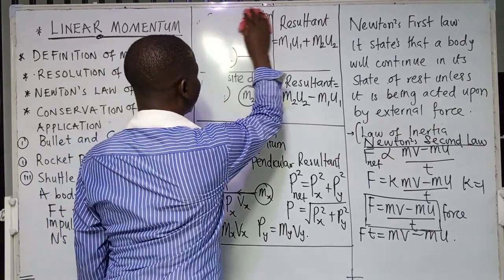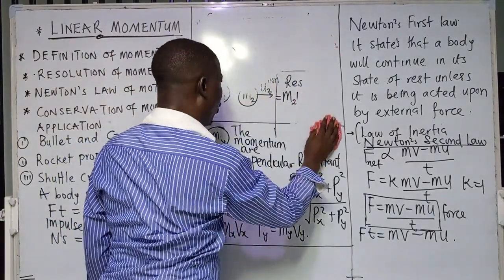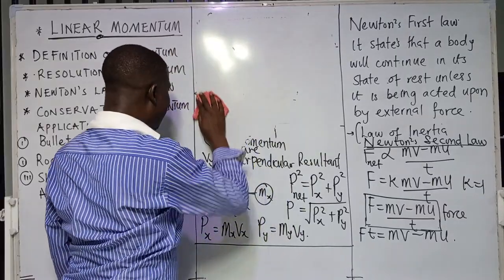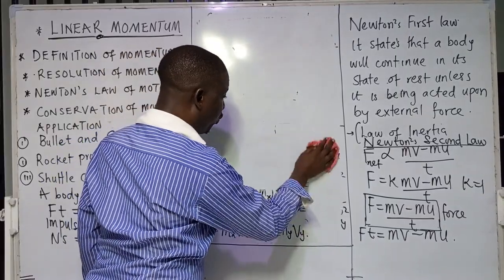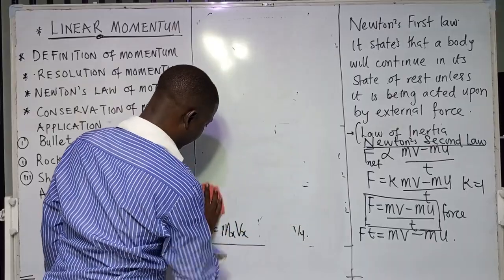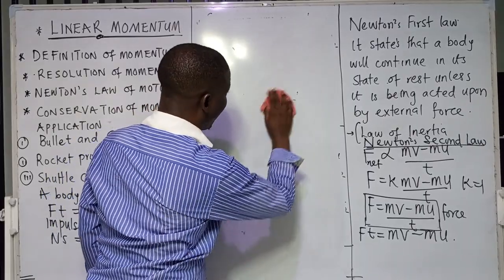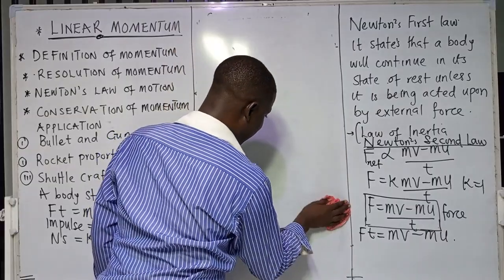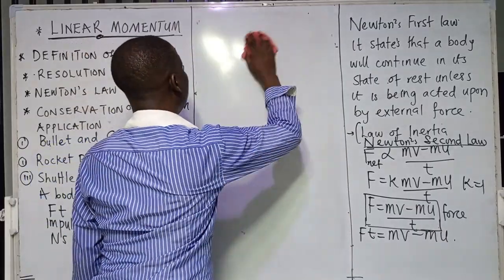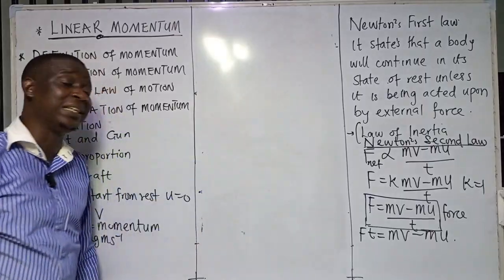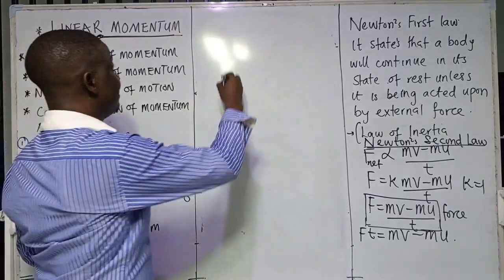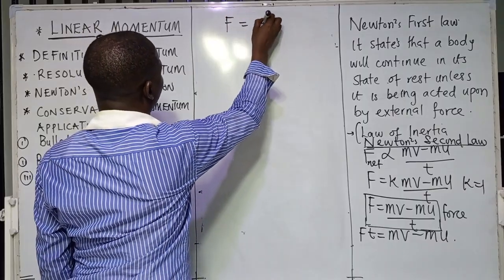What is it saying? Newton's third law says for every action, there is an equal and opposite reaction. So what it's saying is that F is equal to minus F.